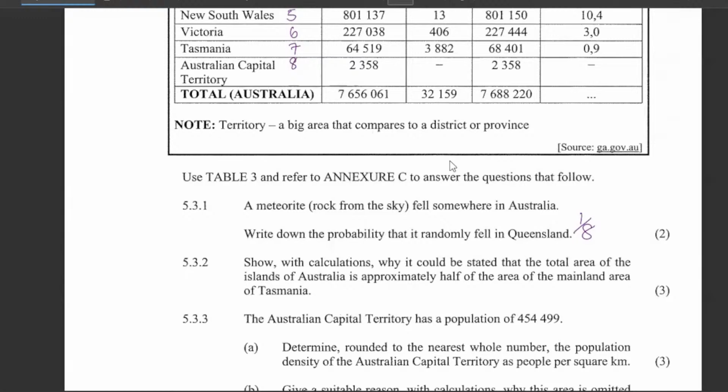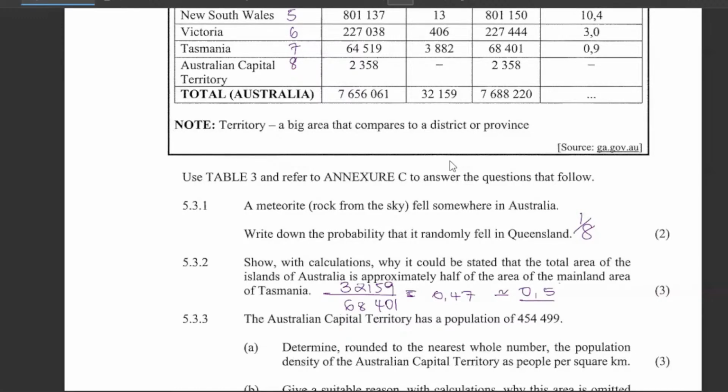The answer becomes 3215 divided by 68401. Just do that and you see what happens. It gives 0.47. Then if you round off, this is approximately what? Approximately a half.